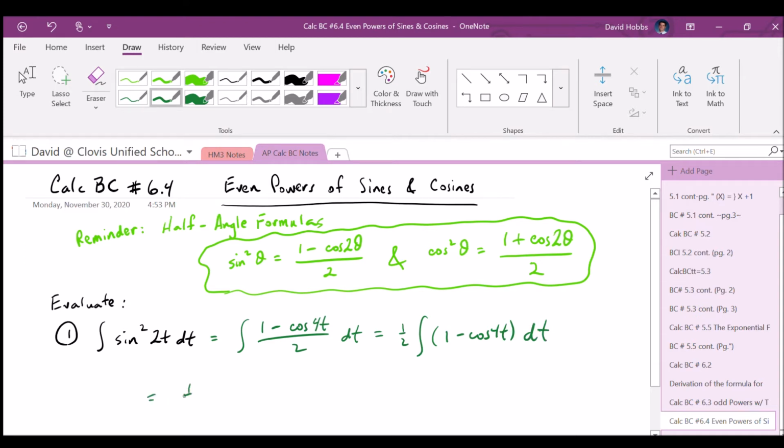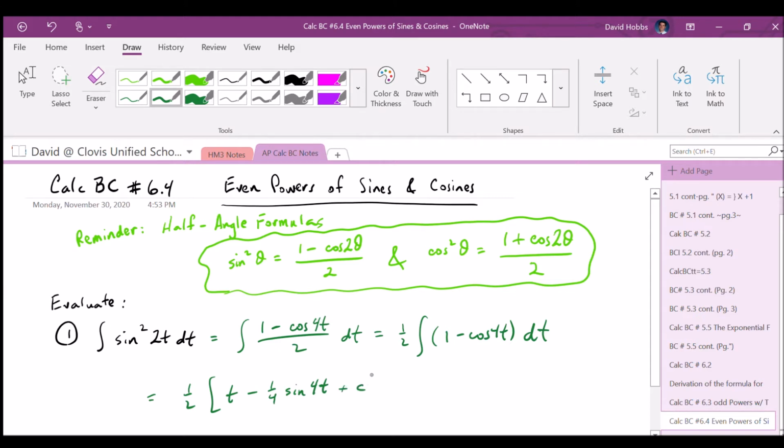And so I have 1/2, and I've got t, and then negative cosine 4t. So that would be negative sine of 4t. The angle's not going to change, but the derivative of the guts right there would be 4. I didn't have a 4 there, so I need a 1/4.